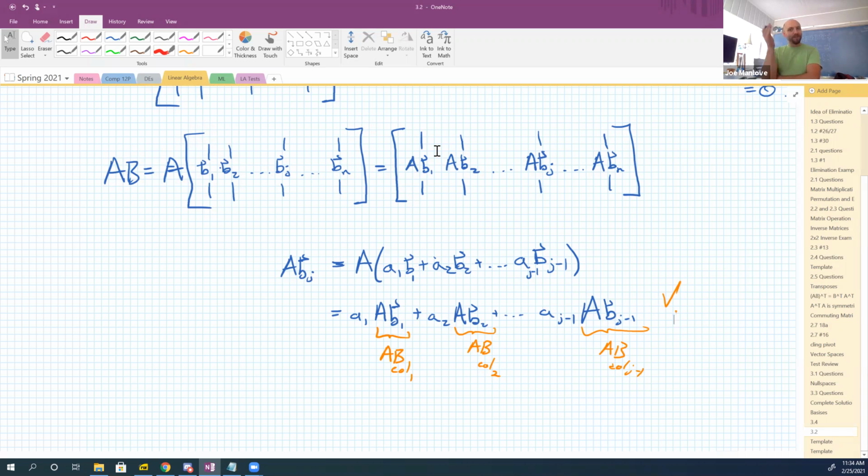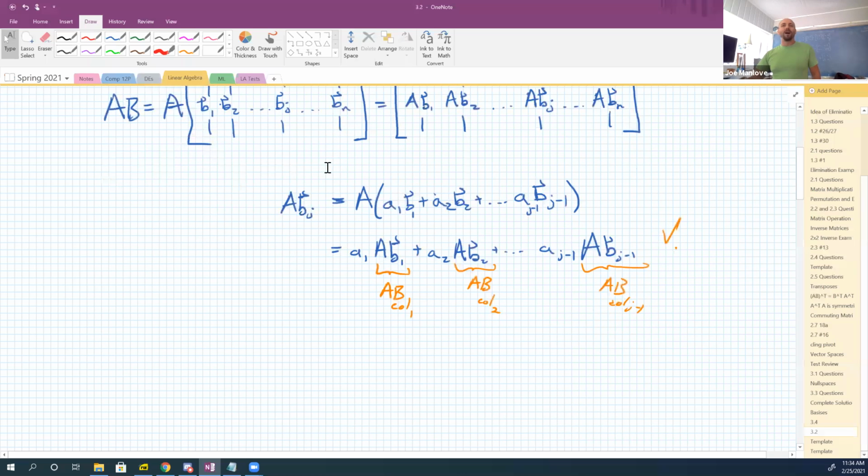Remember what we're tracking for rank is the number of linearly independent columns. So linearly dependent columns are still linearly dependent, right? Now, there's some weirdness in that linearly independent columns may have become dependent. You guys see that?